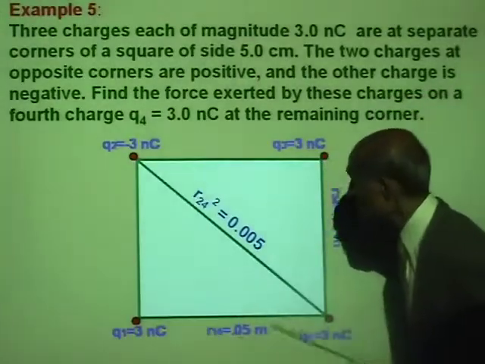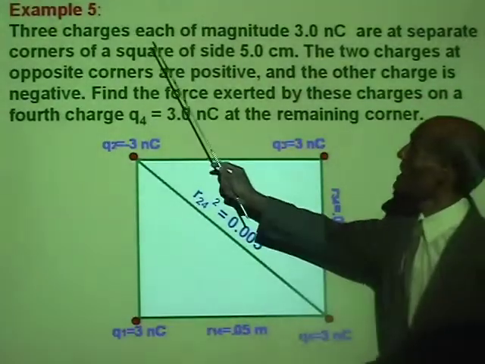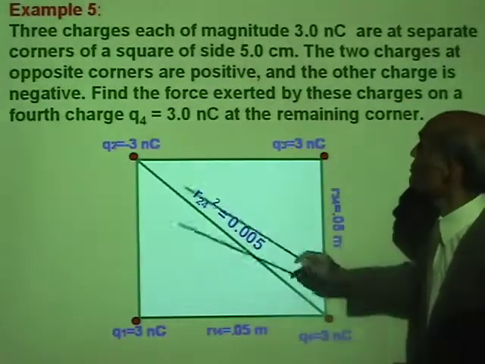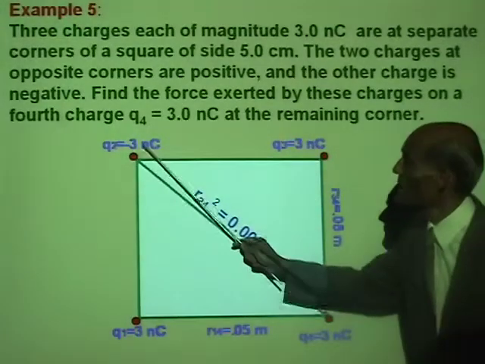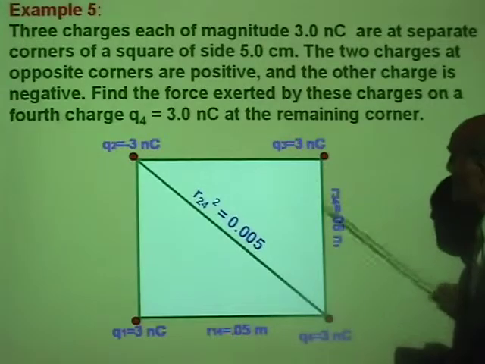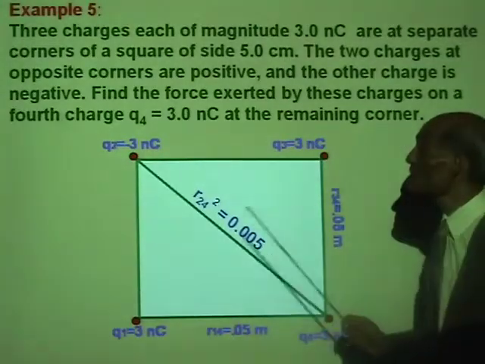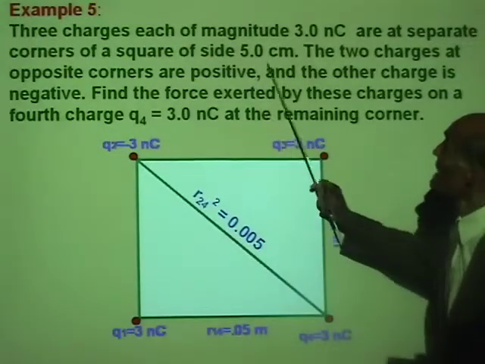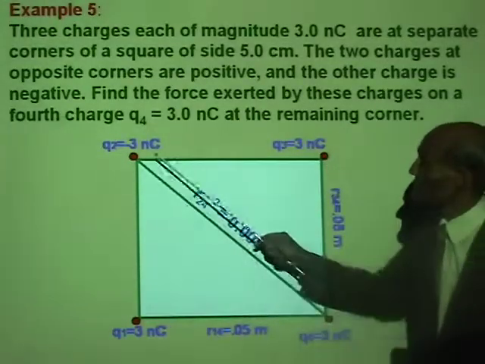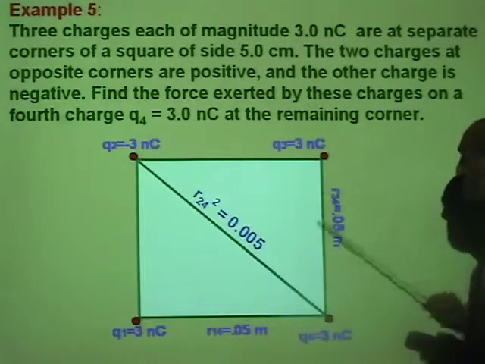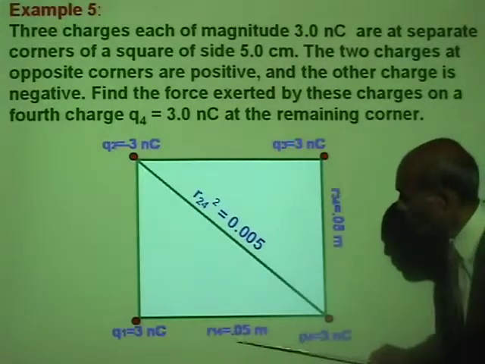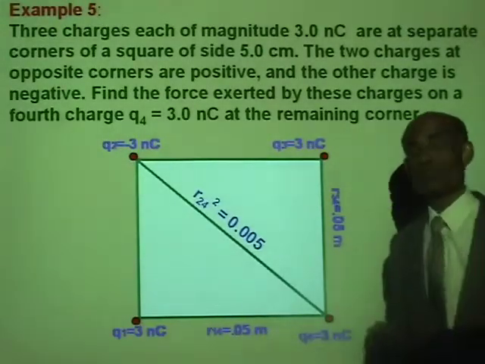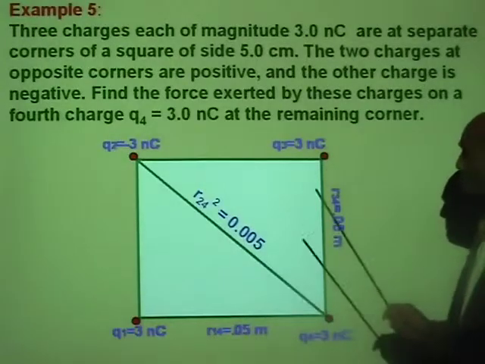Well, this is the picture I have produced. Three charges, each of magnitude 3 nanocoulomb, each placed at the corners of a square. The side of the square is 5 centimeter. Each of these is 5 centimeter or 0.05 meter.